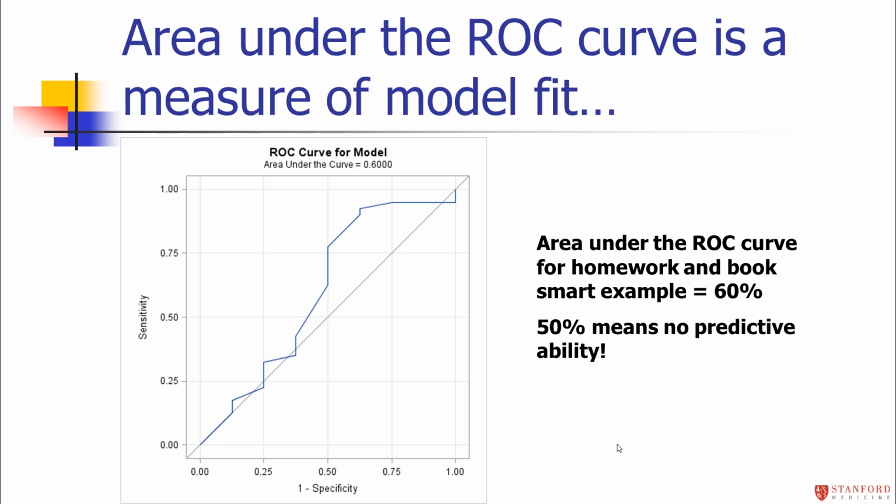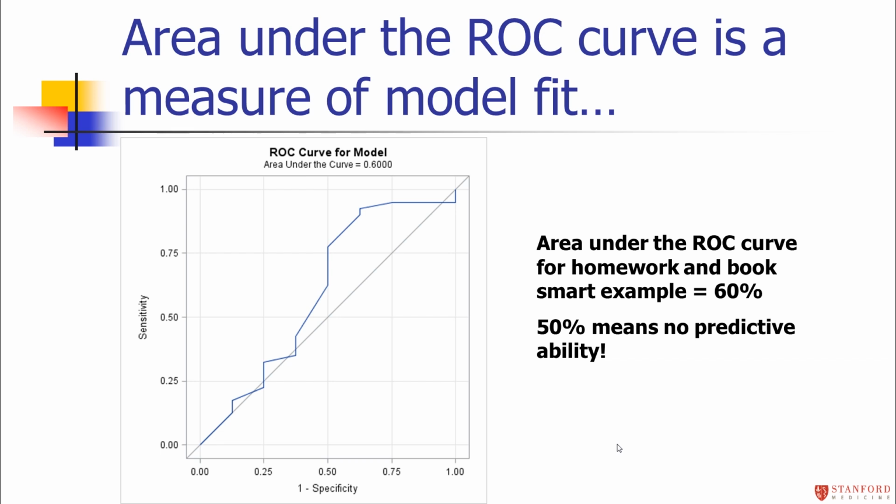It's a measure of model fit and how good your predictive power is. Remember that when we did linear regression, sometimes you could overfit your model and get really good R squareds that didn't actually mean you had great predictive power. It just meant that you had an overfit model. Same principle applies here. Sometimes a really good area under the curve reflects overfitting rather than good predictive ability, so just keep that in mind.